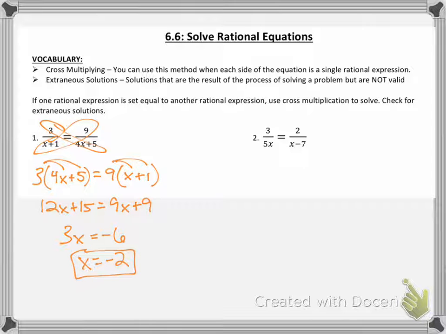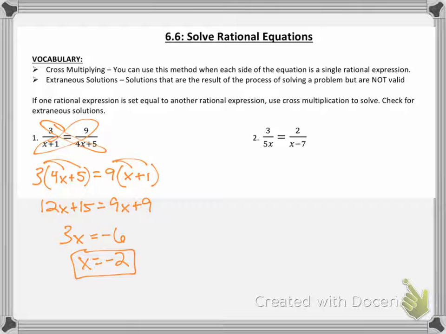Now, to check whether a solution is extraneous: sometimes you might get an answer for x where, if you plug it back in, it doesn't work. But where you really need to focus on it not working is in the denominator. If I plug the -2 into our denominators, -2 plus 1 is -1. And for the other one, -2 times 4 is -8, plus 5, which is -3.